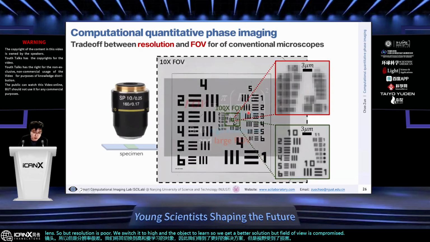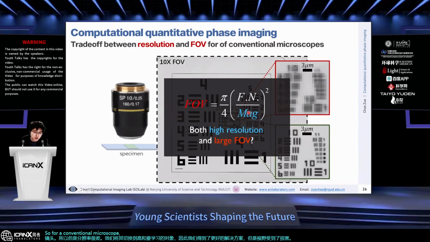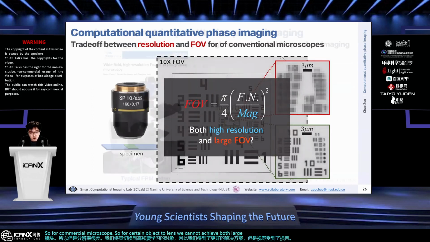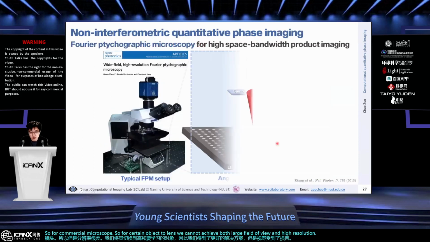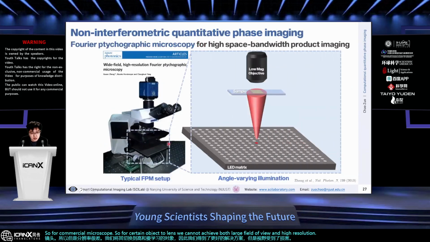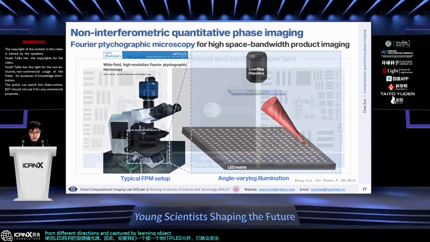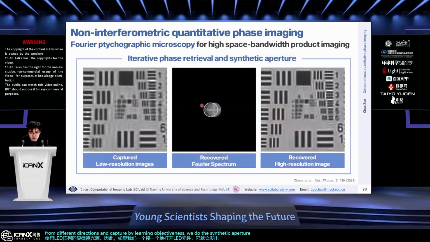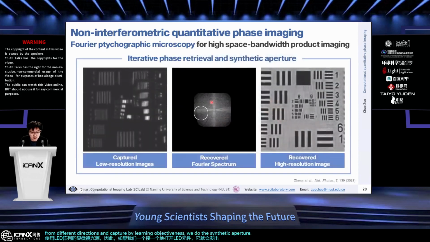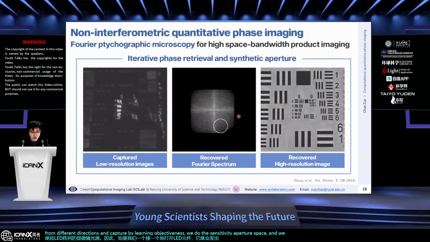So for a conventional microscope, for a certain objective lens, we cannot achieve both large field of view and high resolution. Fourier ptychography can overcome these drawbacks by replacing the light source of the microscope with an LED array. If we turn on the LED elements one by one, they illuminate objects from different directions, captured by a low NA objective lens. We do the synthetic aperture in the Fourier space, and we recover the phase.